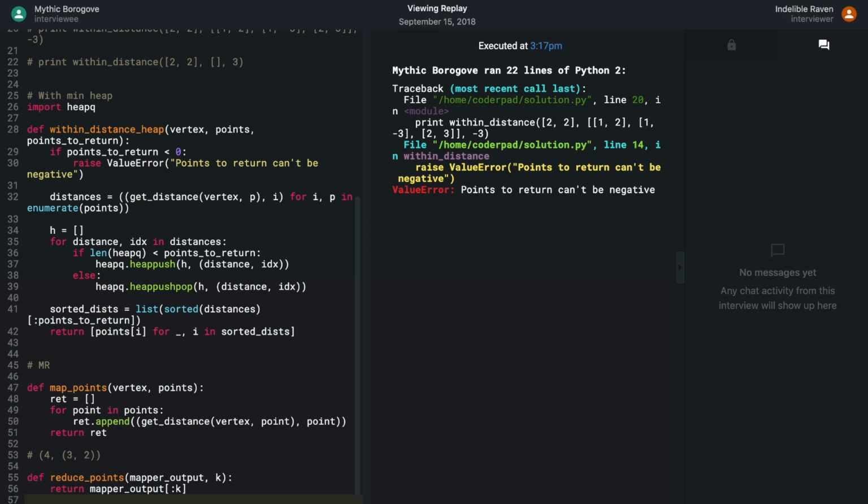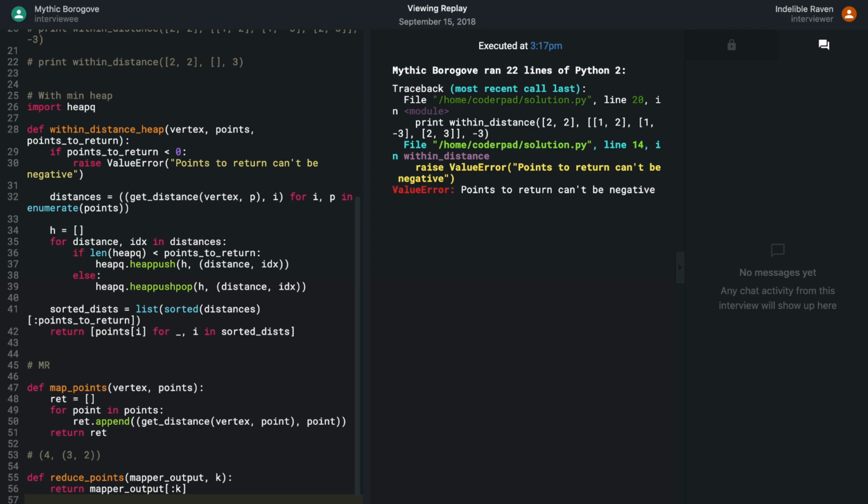List comprehension is fairly simple to know, but probably not something that you would need to. I would have definitely expanded to a for loop instead.